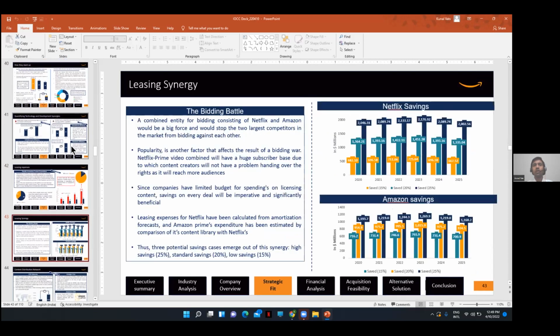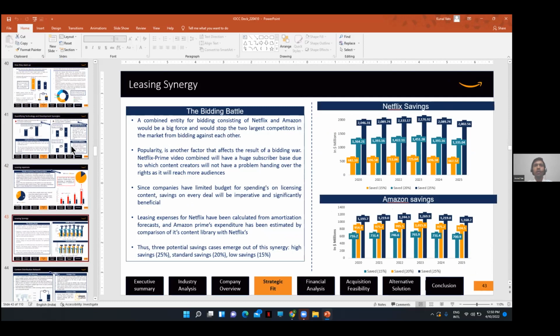Now, the synergies that will accrue on leasing come from the combined entity of Netflix and Amazon. It would have a huge reach in terms of subscribers, and a lot of major studios would be willing to lease out their content to this combined entity because of the reach of this platform. It would definitely be easier for them to have leased content, and it would come out cheaper because of economies of scale.